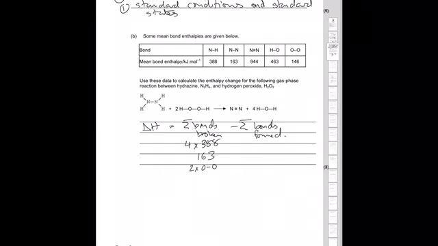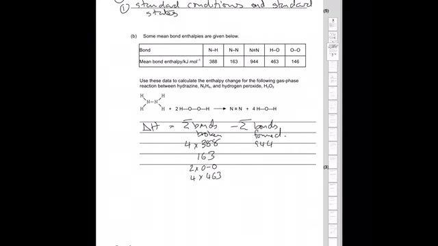Right, well, I've gone for that one. 2 times the OO bond, which is 146. And 4 times the 463. I don't know why I haven't put the actual value of the OO bond. That's silly of me.